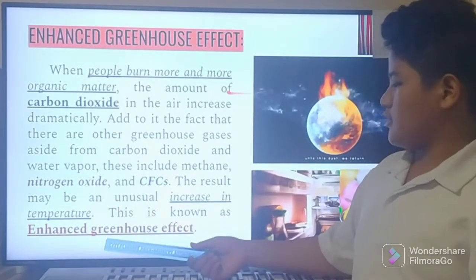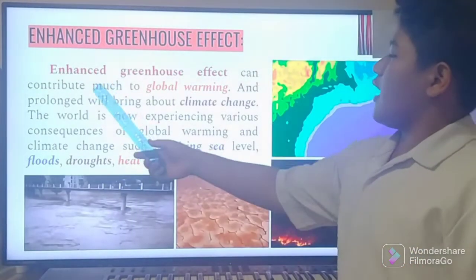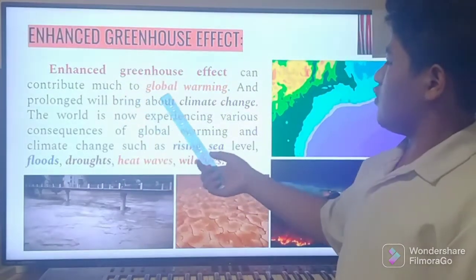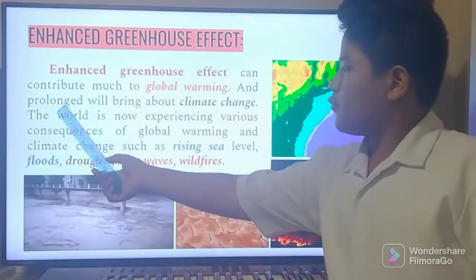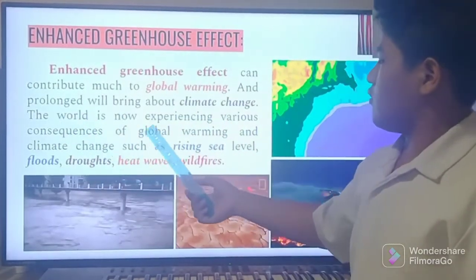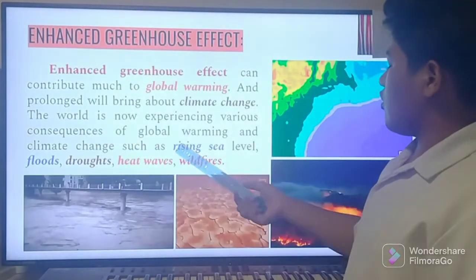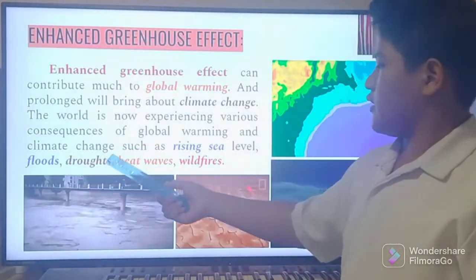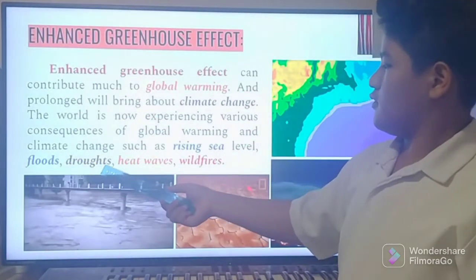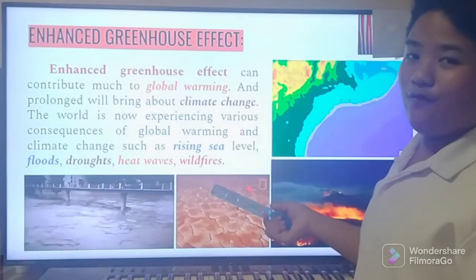This is known as the enhanced greenhouse effect. The enhanced greenhouse effect can contribute much to global warming, and prolonged, will bring about climate change. The world is now experiencing various consequences of global warming and climate change, such as rising sea level, floods, droughts, heat waves, and wildfires.